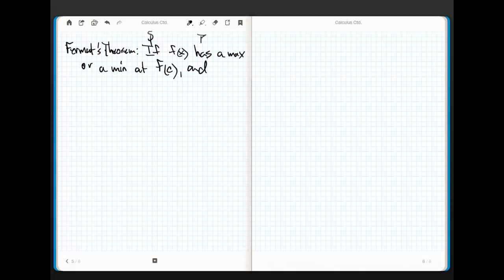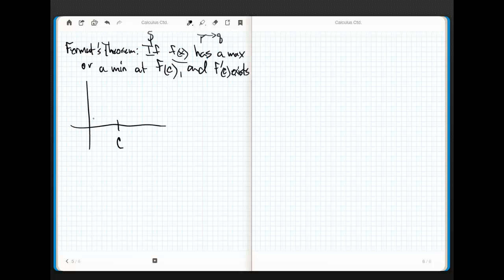So it's the p part of the p implies q, okay? And f primed of c exists. Now that's a biggie. Now think about that. If the derivative of f at c exists and the function has a max or a min at c, what has to happen at c?